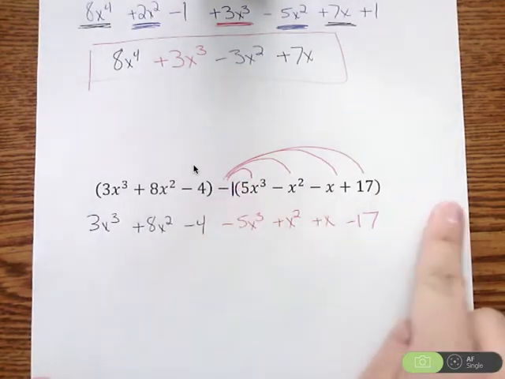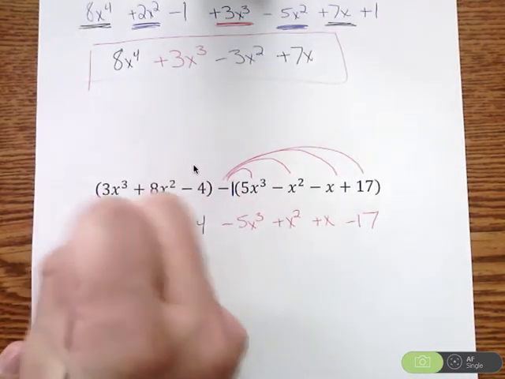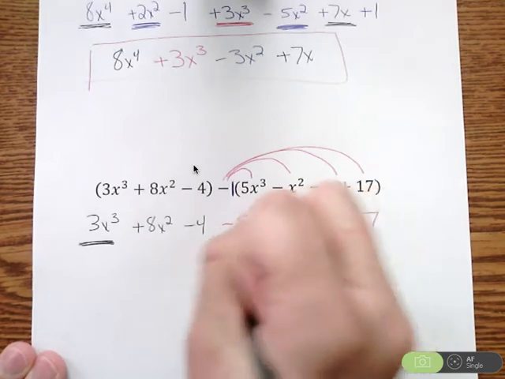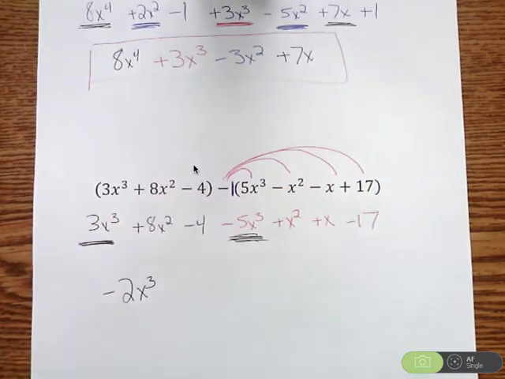Once you distribute, it's going to be very similar to the problem we did earlier, just combining like terms. So I'm going to start with the highest power, my x cubeds. I have a 3x cubed minus 5x cubed. It's going to give me negative 2x cubed. Go to my x squareds.